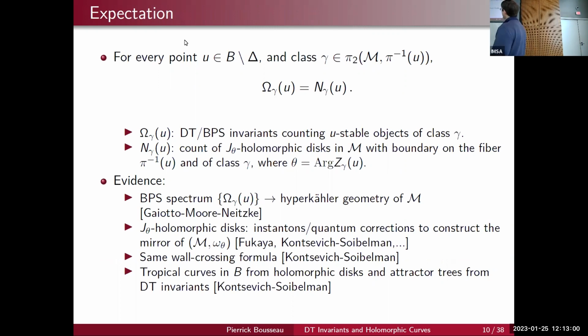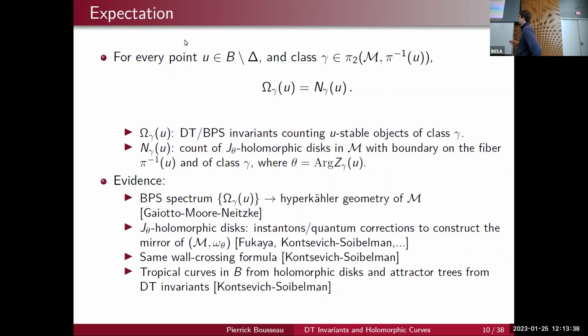One piece of evidence is, for example, this work of Bridgeland, Gaiotto-Moore-Neitzke, which explains from a physics point of view how, from the BPS states, so the DT invariants, you should be able to reconstruct the hyperkähler geometry of M. On the holomorphic curve side, these holomorphic disks are exactly the so-called instanton quantum corrections that you are supposed to use to construct the mirror of such a geometry, where the torus fibration appears as an SYZ torus fibration.